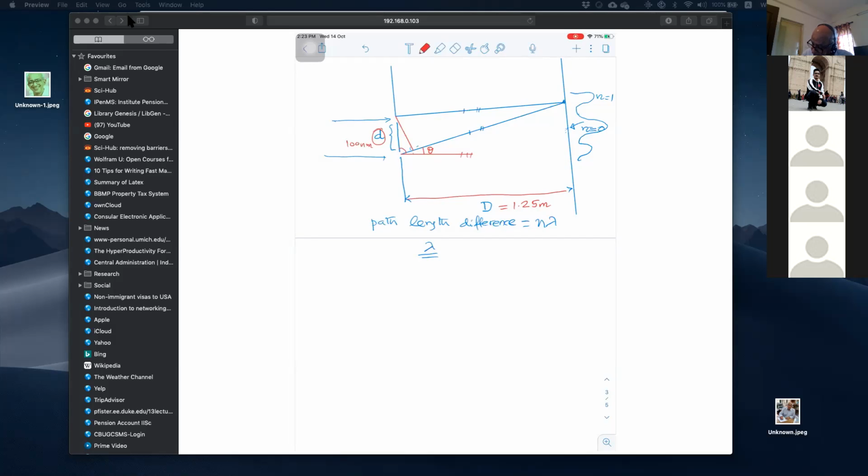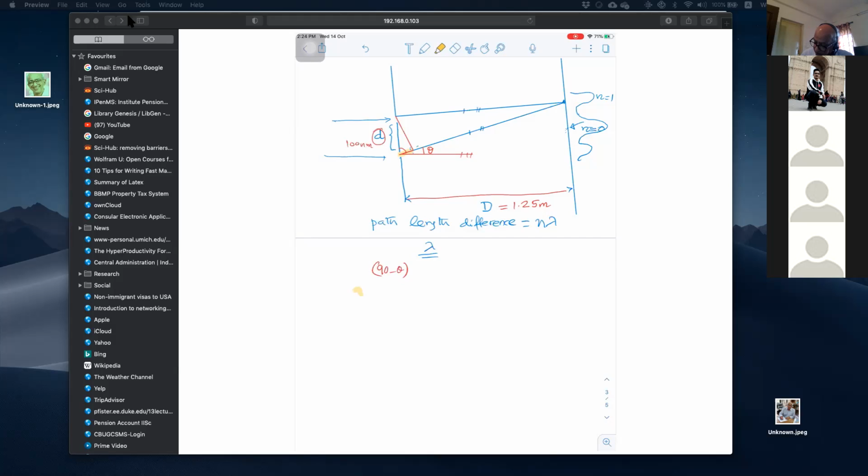So this angle is 90 minus theta. If I wanted to calculate this side of the triangle, how will I calculate that? I can use trigonometry. I'm calculating the path length: sine 90 minus theta.